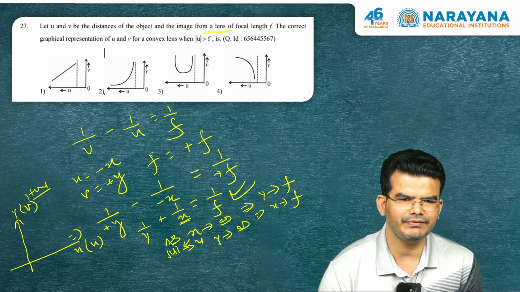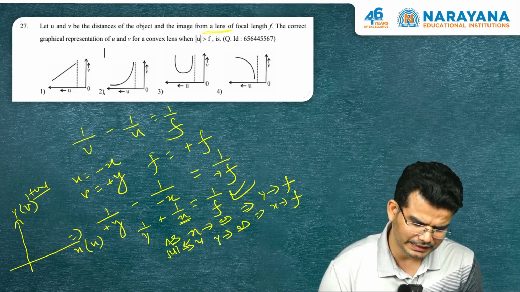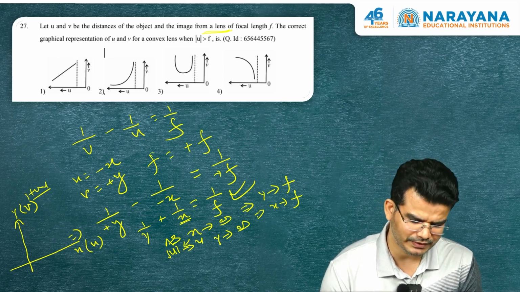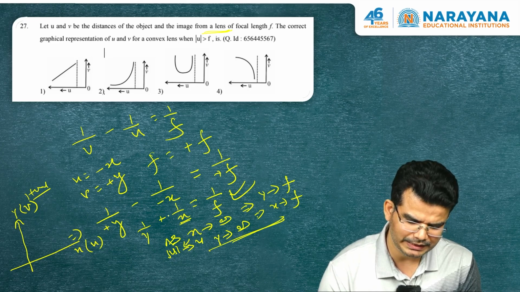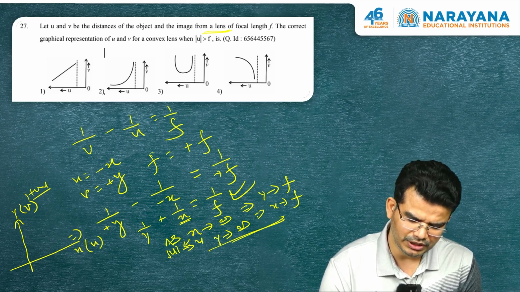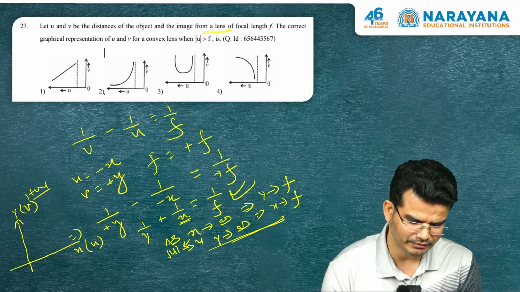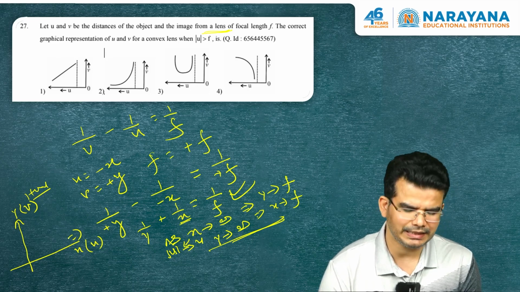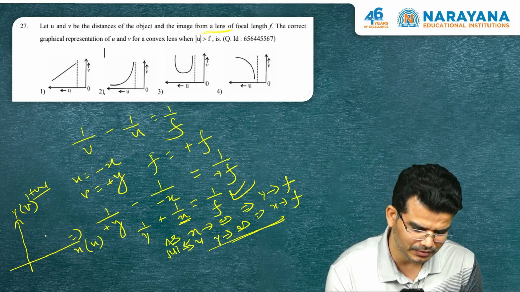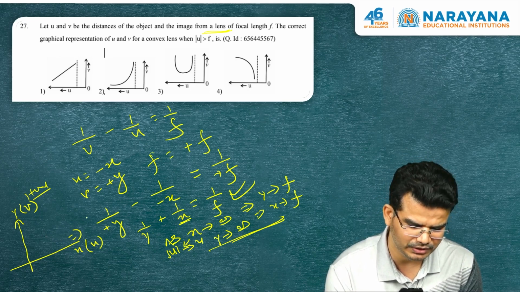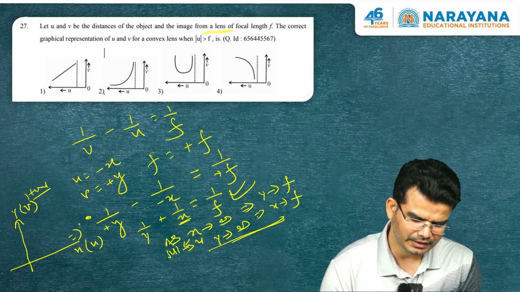Now we got some points, first of all these two points. The graph tends to infinity. When x tends to infinity, y tends to f, so y equals f when x is infinity, somewhere here, very far.